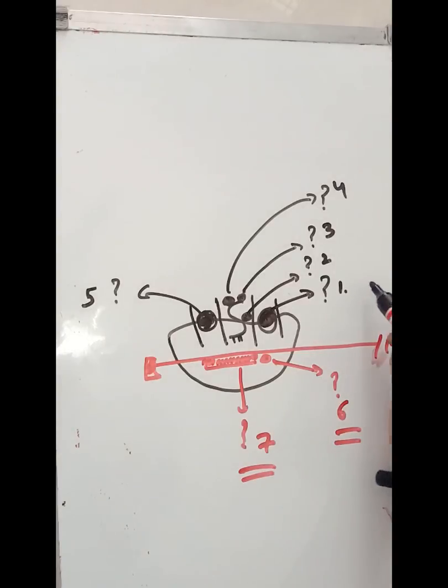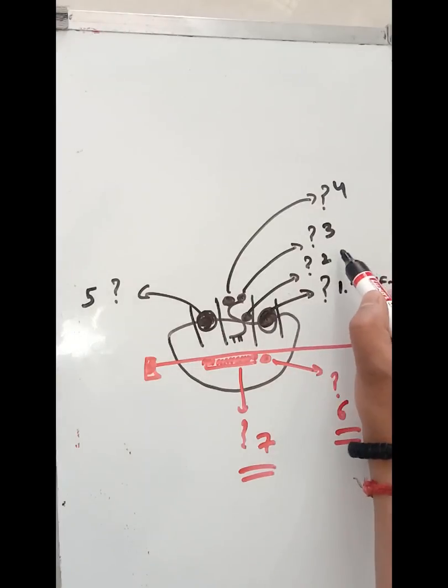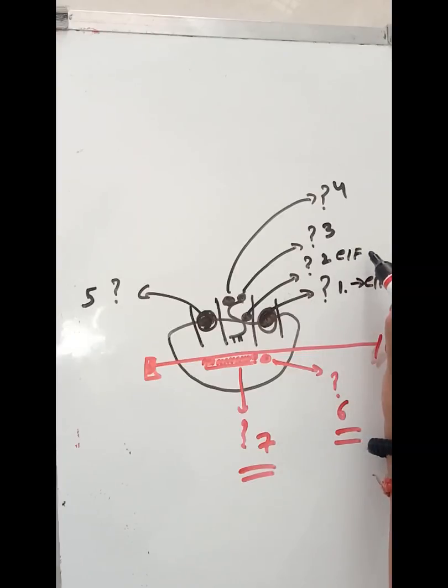Okay, this is EIF1A, this is EIF5B along with GTP.